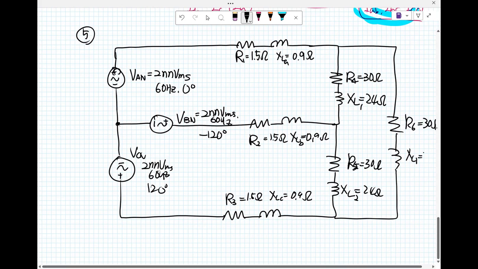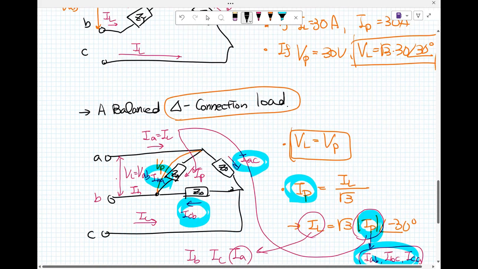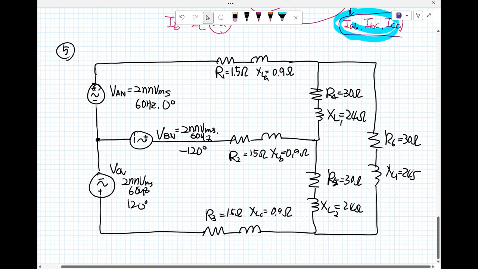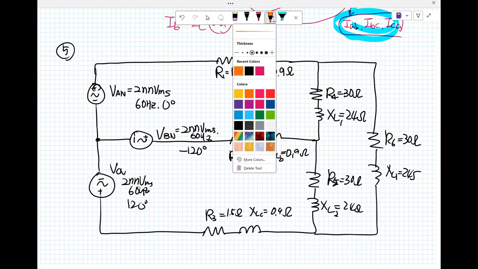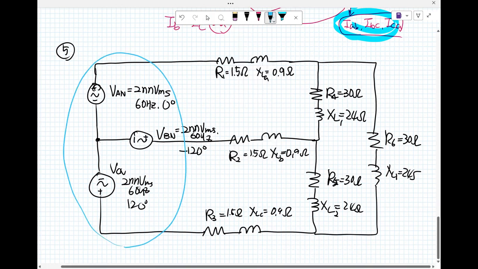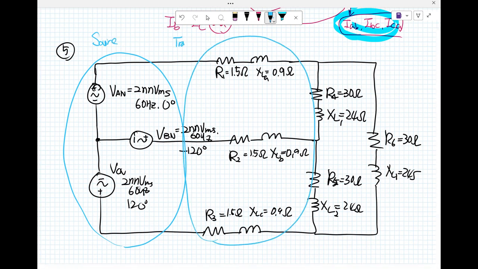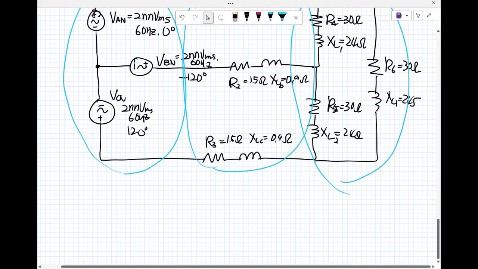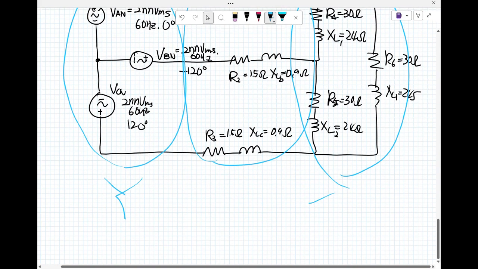Now here, let's say this is the source. This really simplifies the transmission. This is the delta load, the load part. So this is the Y, this is the delta.